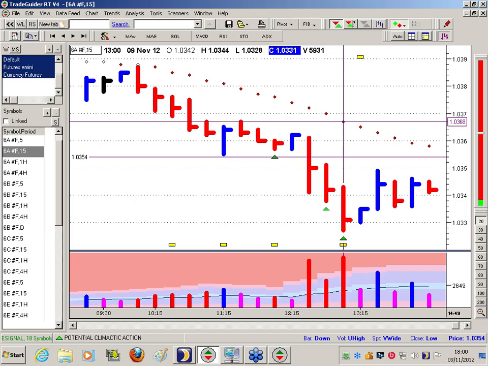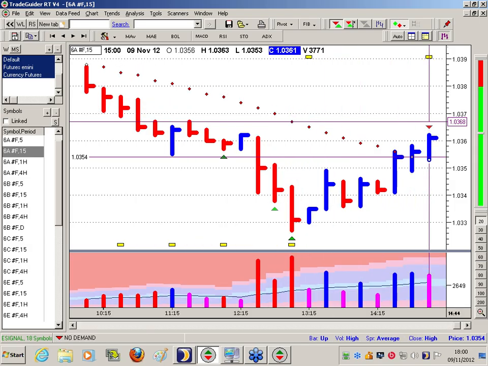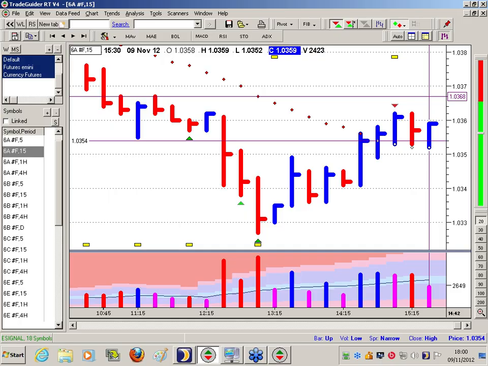Okay, and then we get our signs of strength coming in. There's two there actually. And then usually, once the move is underway, you can tell because the professionals don't allow the price to fall below the close of the previous bar.